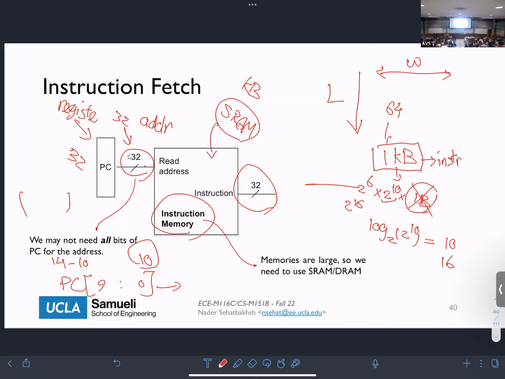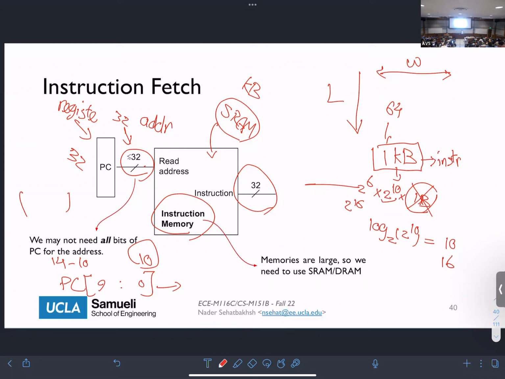So the question is, how many bits do we need for addressing the memory? The answer is that it depends on the size, the number of lines in our memory. Remember, the width is typically just 1 byte. That doesn't change from one memory to another; if you buy another memory, that would still be 1 byte.